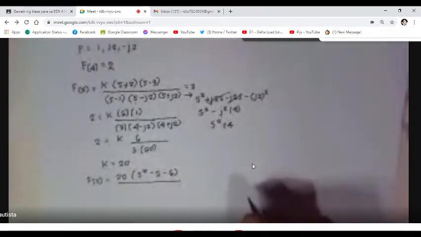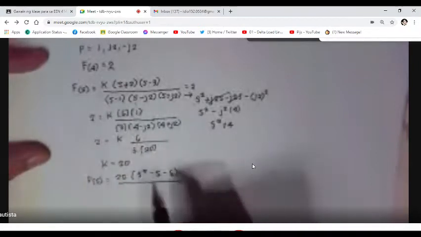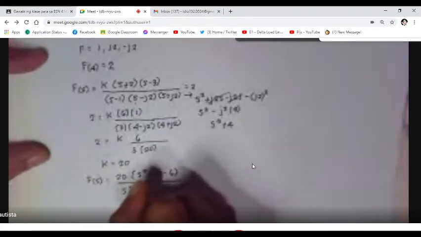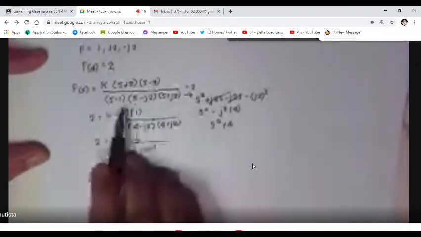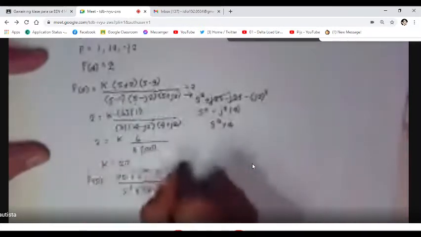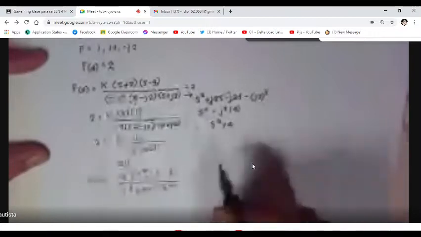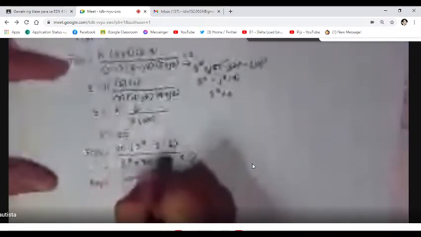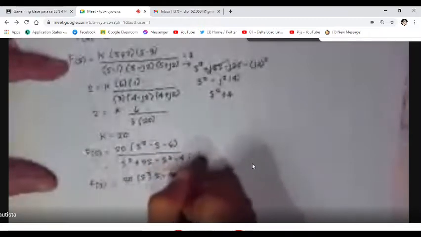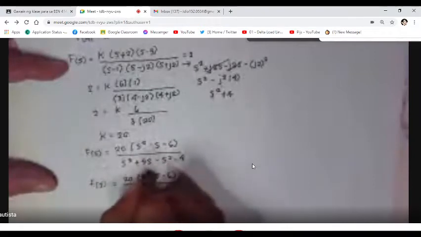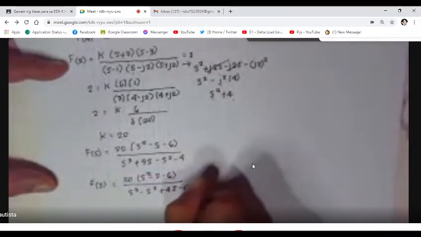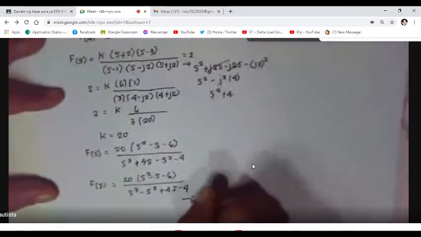All over s cubed plus 4s minus s squared minus 4. Arrange it: f of s is 20 times (s squared minus s minus 6) all over s cubed minus s squared plus 4s minus 4. This one is the transfer function.